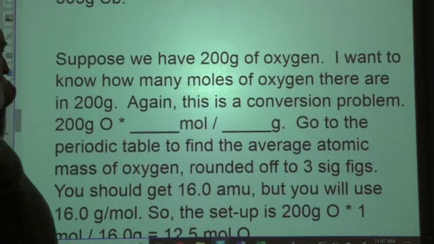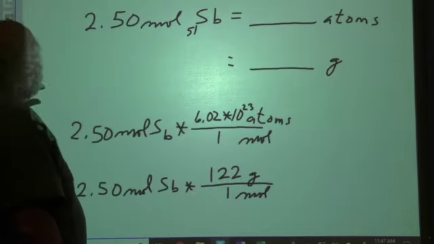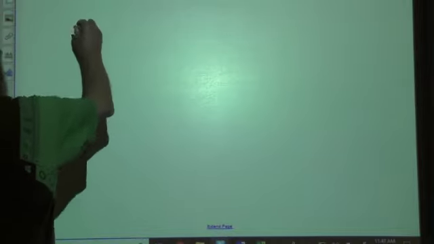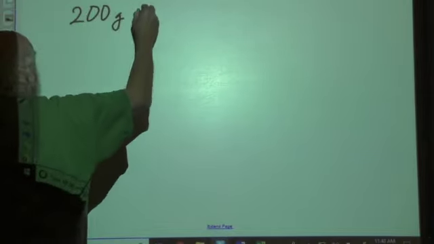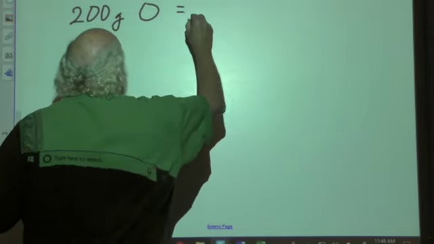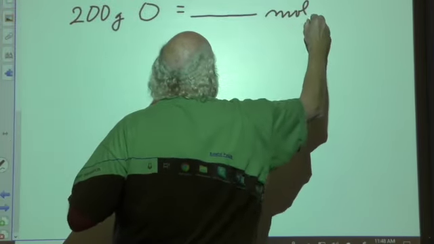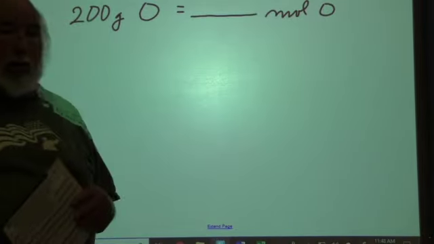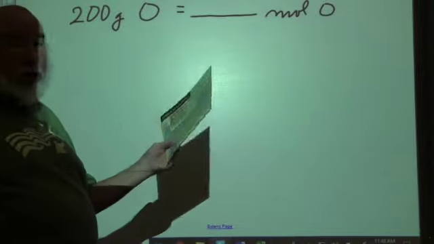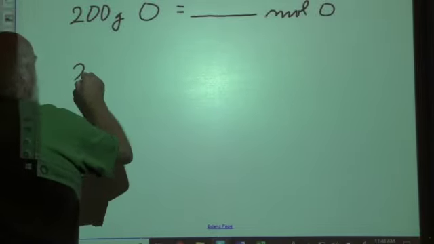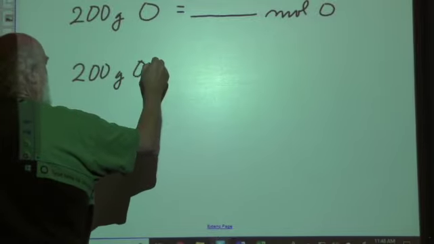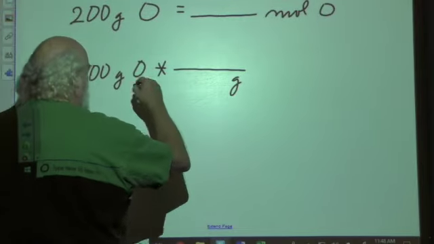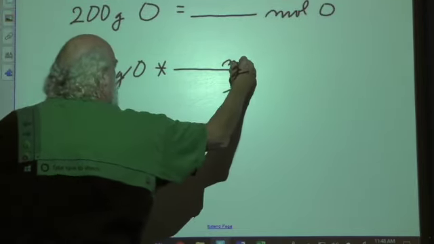So let's suppose we have 200 grams of oxygen, and I want to know how many moles of oxygen this is. This is again still a conversion problem. 200 grams of oxygen times a fraction line. We put grams on the bottom, cancel that out, and we want to end up with moles.